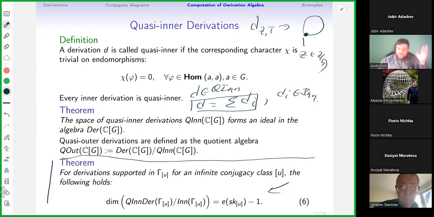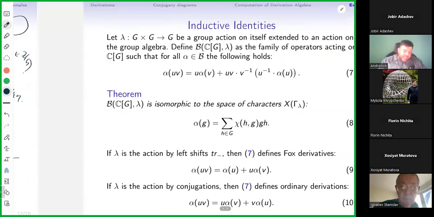They cannot be quasi-outer. I will prove that a little bit later. So this means that, for example, Johnson, in fact, calculated this space of quasi-inner by inner derivations, but he didn't know about that.